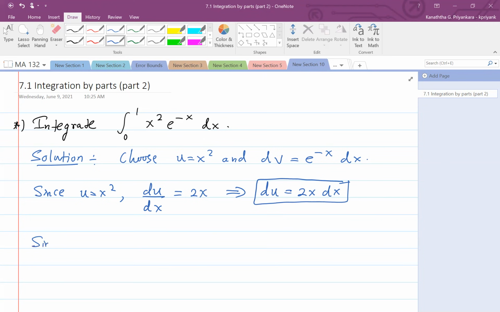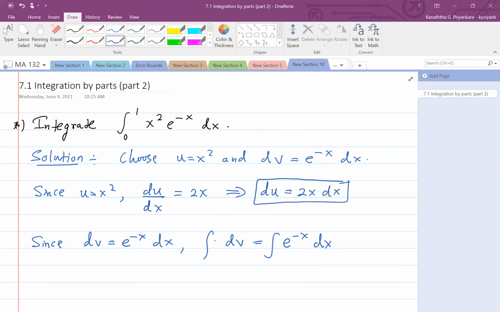Since dv equals e to the power negative x dx, I'm going to integrate both sides: the left hand side with respect to v, and the right hand side e to the power negative x dx.